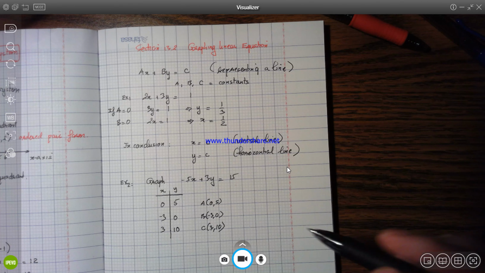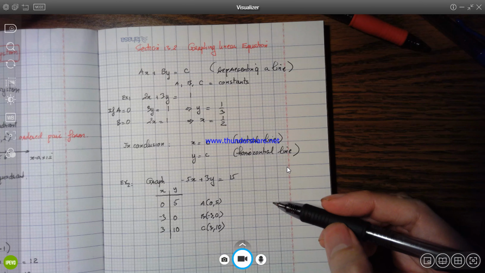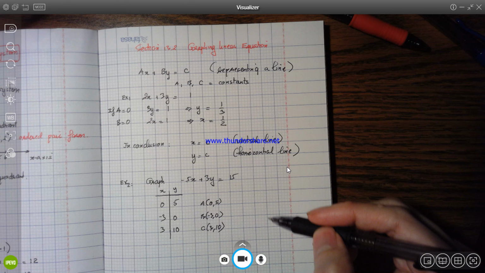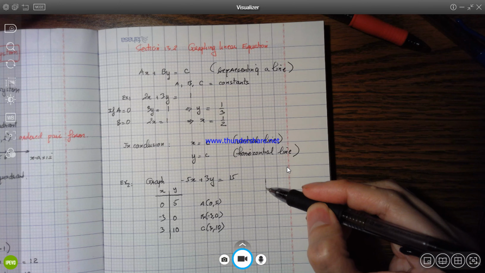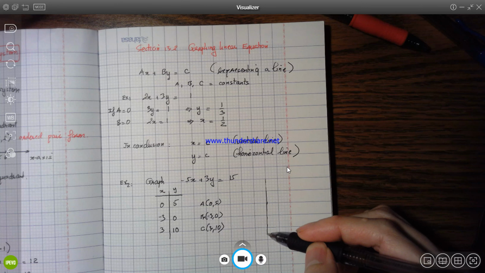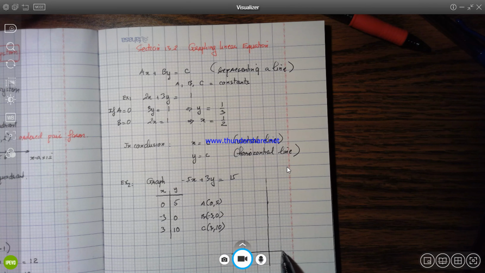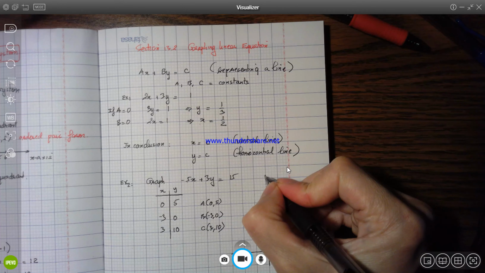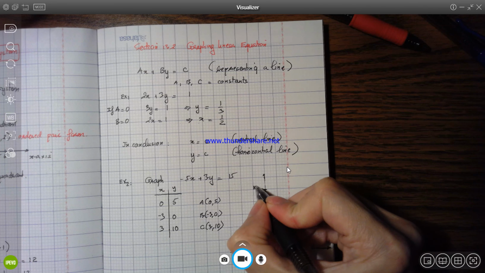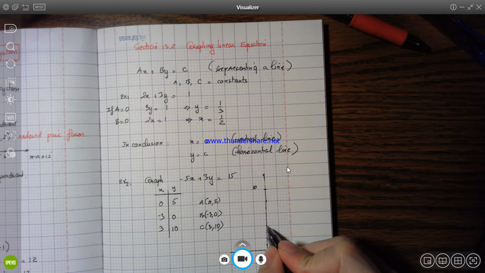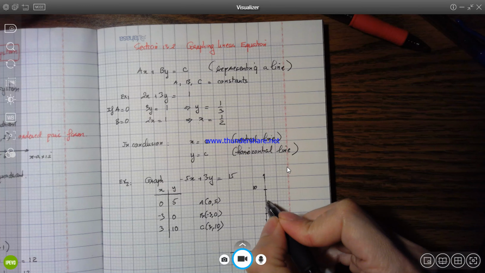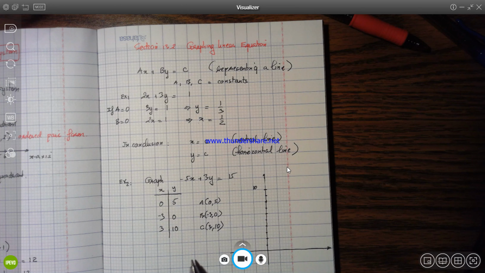So we have 3 points, which means that we can graph it. We can locate those points on the coordinate system. Something like this. So this is 10, so make sure we have enough. 1, 2, 3, 4, 5, 6, 7, 8, 9, 10. So 10 is right here, and all increments are the same.